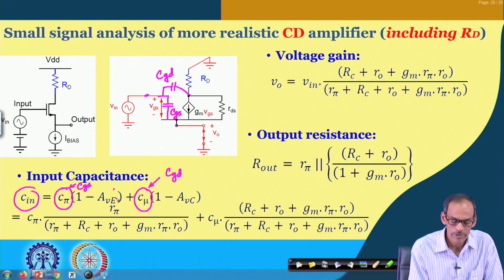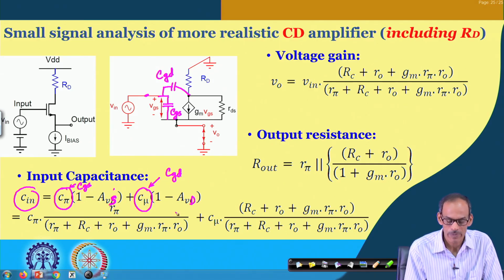So, it should not be emitter, it is rather from gate to source and gate to drain.